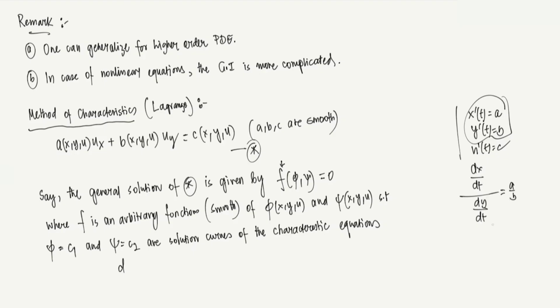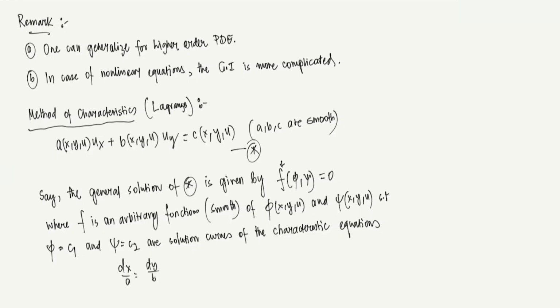So you see, this can be written like this: dx by a equals dy by b, and similarly if you take this, then it will be du by c. Is it okay? We can write it like this. So the characteristic equations are dx by a equals dy by b equals dz by c. I hope this is clear.